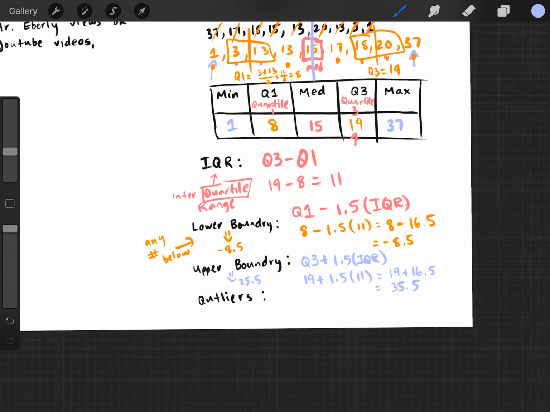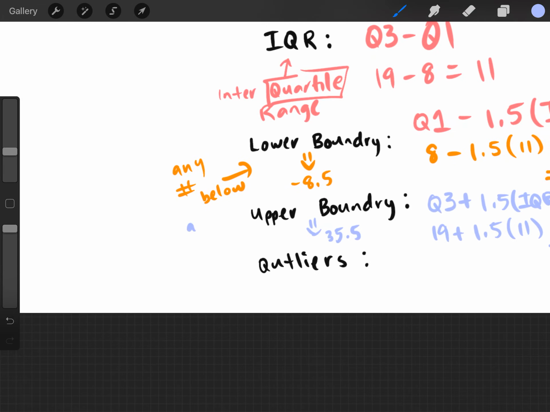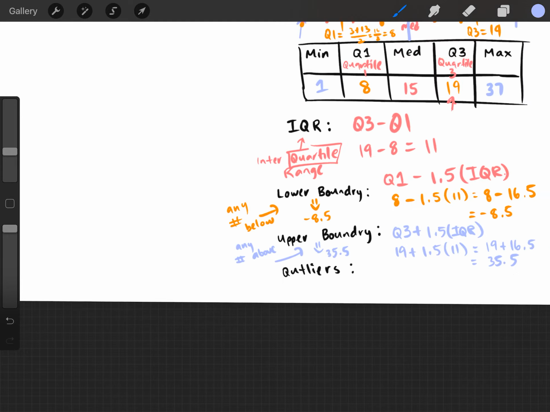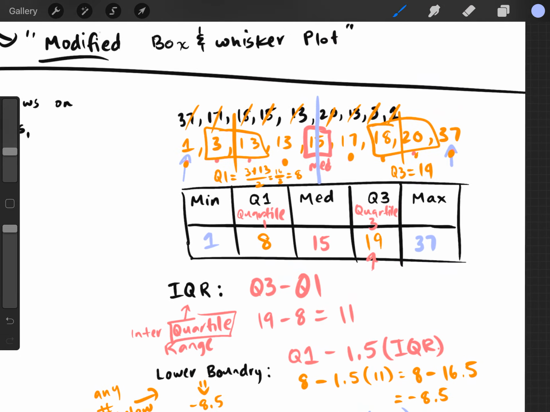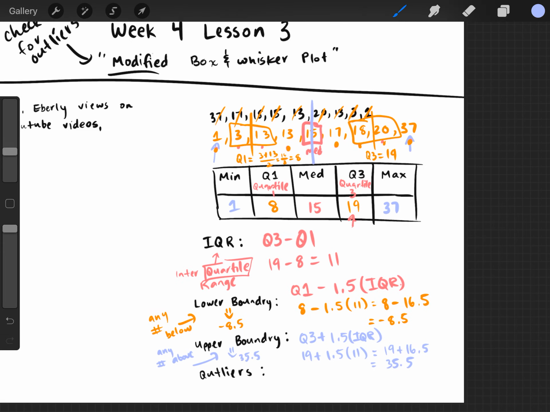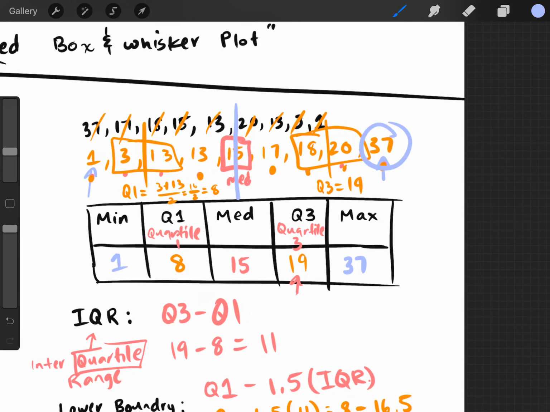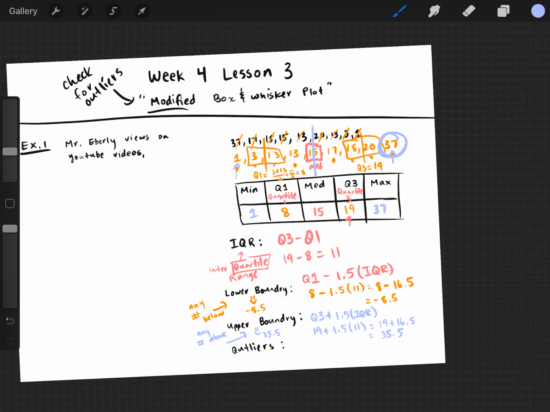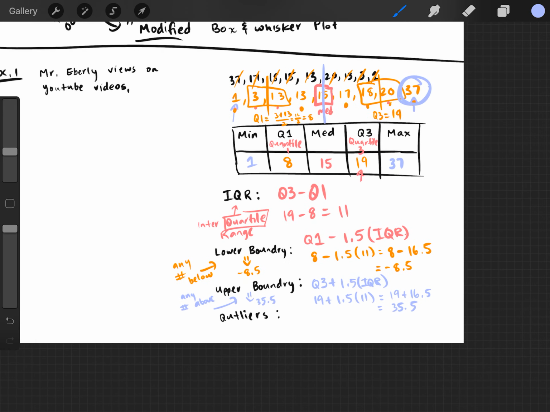We've already found that is 16.5. So 19 plus 16.5 is 35.5. So our upper boundary is 35.5.